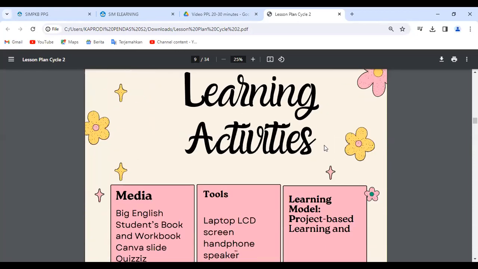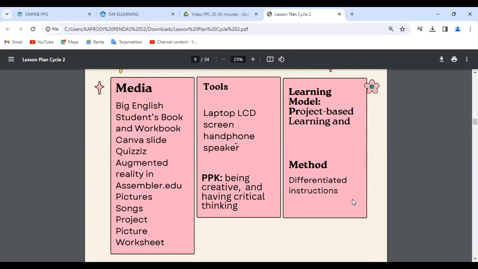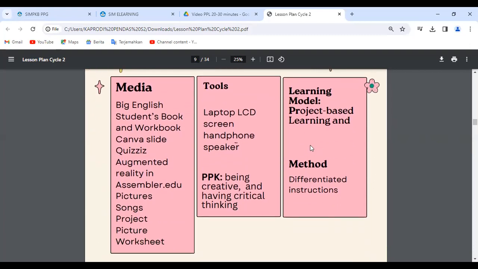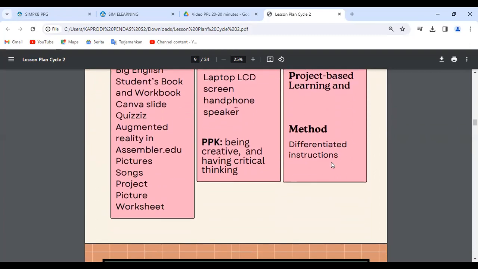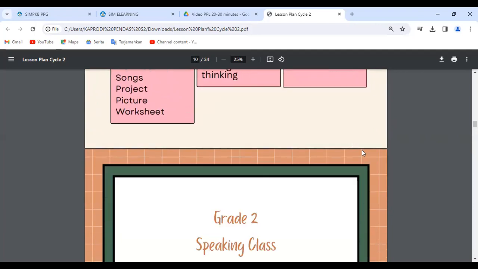Then these are the learning activities, consisting of the learning media, net tools, and then PPK, the characteristic of the K-13 curriculum, penguatan pendidikan karakter, and what we have in P5, if I'm not mistaken, for the freedom to learn curriculum. And then we have the learning model, consisting of project-based learning, and the method here uses differentiated instruction.